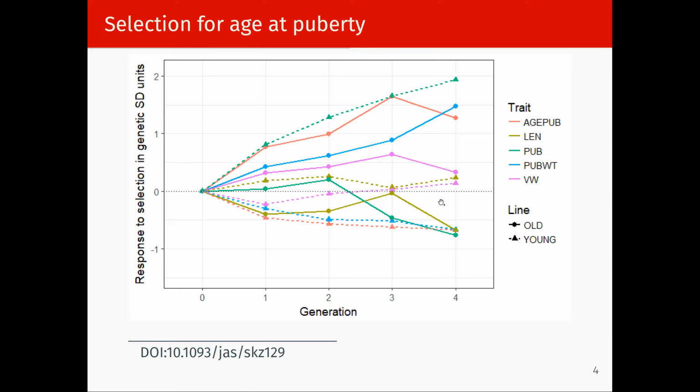Furthermore, as we select for a decreased age at puberty, we're dramatically increasing the probability of those animals actually reaching puberty within their development phase. And the other thing that we can notice is that when we select for age at puberty, we see an associated decrease in pubertal weight, which is this dashed blue line, as age at puberty is also decreasing.